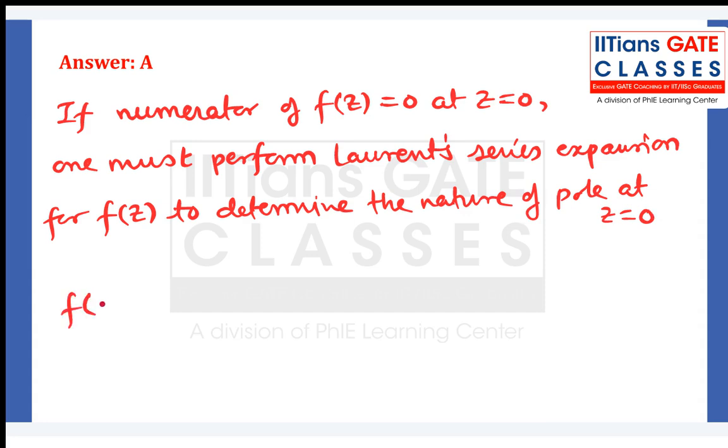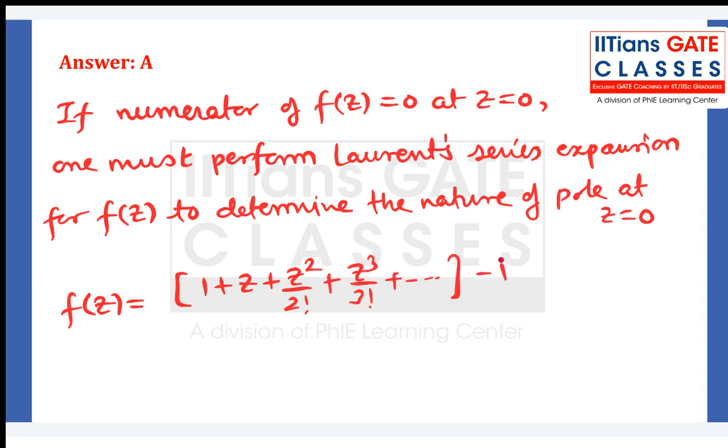No need to do anything new here because e power z is a standard function, that is nothing but 1 plus z plus z square by 2 factorial plus z cube by 3 factorial, so on and so forth, minus 1, divided by z.